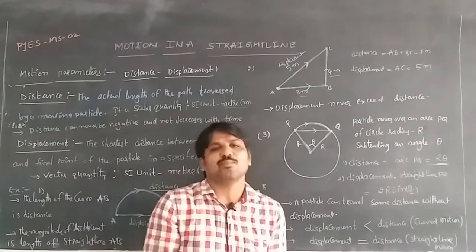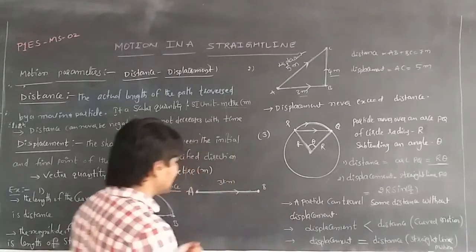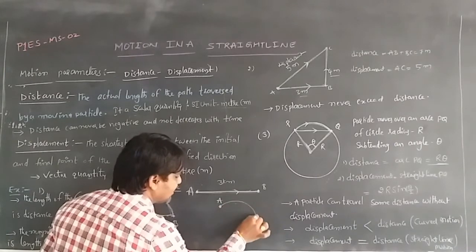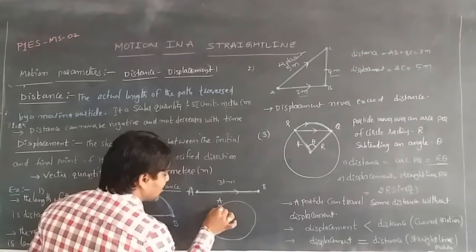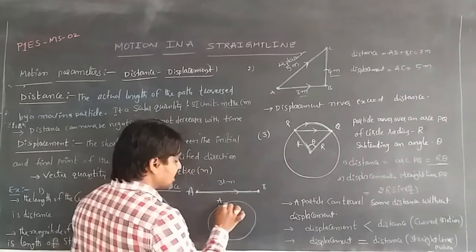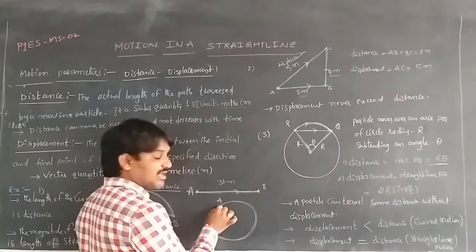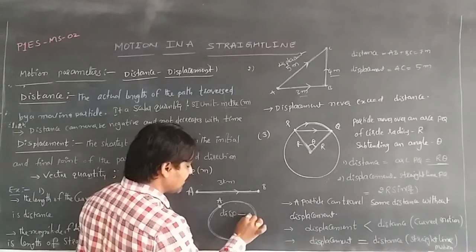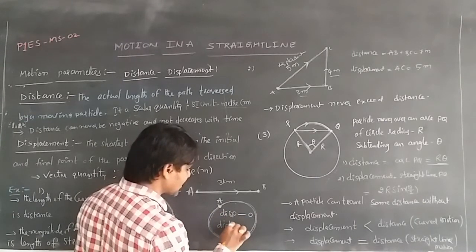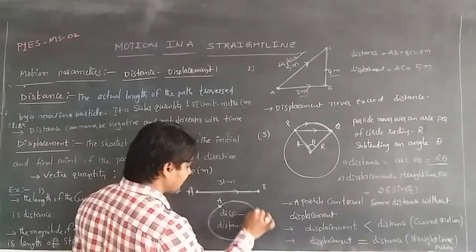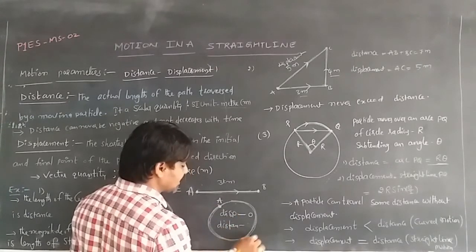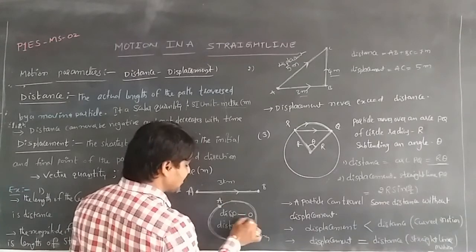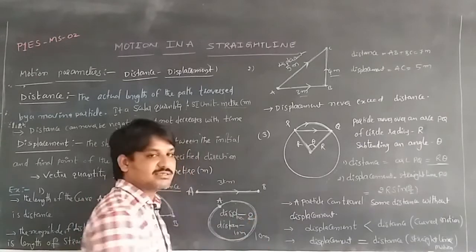For example, if the particle started from A, traveled along some path, and came to the same position, then the total path is considered as distance, and displacement will be 0. If the traveled distance is considered as 10 meters, then the distance will be 10 meters, and the displacement will be 0.